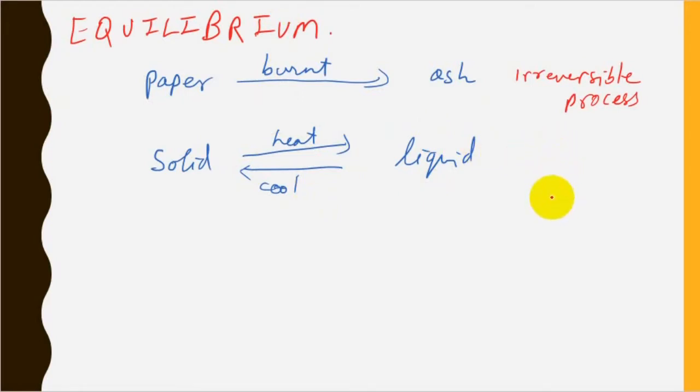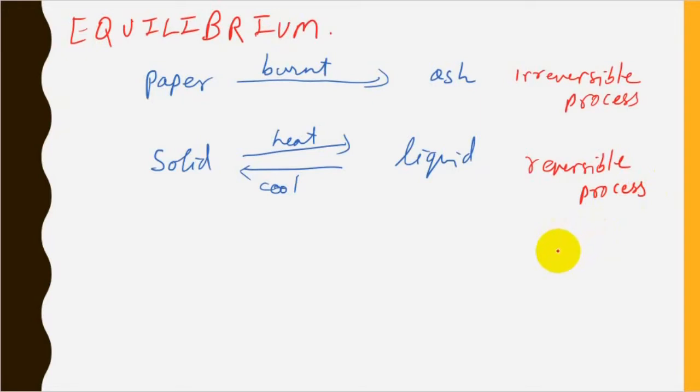The solid can be converted into liquid, and the liquid can also be converted back into solid. The conditions are different, so these are reversible processes. Now this reversible process is needed for equilibrium.